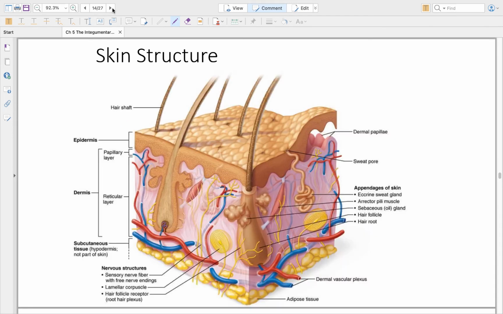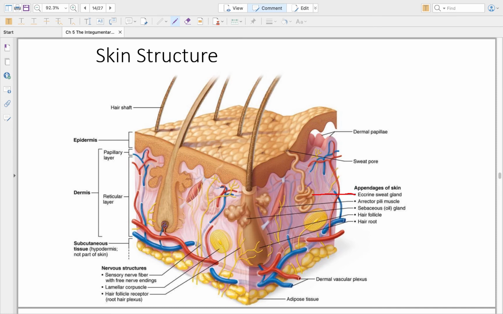Now, there are some other components to the dermis that are incredibly important. Let's start over here with the appendages of the skin. If we look closely, first we have our sweat gland, and this one is called the eccrine sweat gland.